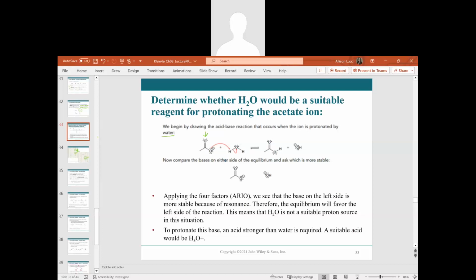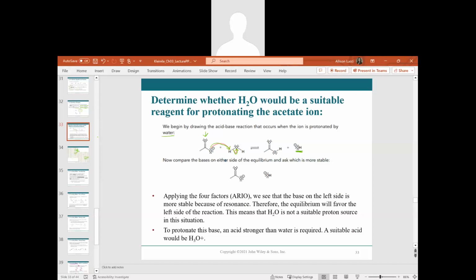In this reaction, we see the lone pair going out, grabbing that proton, and then the electrons that were involved in the OH bond of water have moved onto the oxygen over here in the hydroxide ion. So let's see if we could determine if this reaction would occur, if water is an okay reagent to protonate this acetate ion.